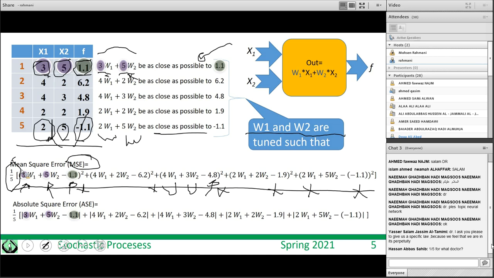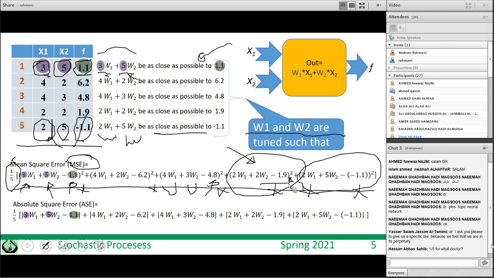Have a look here, please. What is the meaning of this, for example? This term, 2 times w1 plus 2 times w2 minus 1.9, with the power of 2.